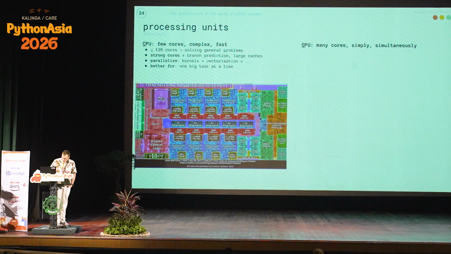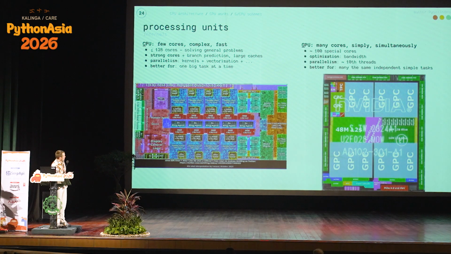And the GPU has a different architecture. It has a lot of simple cores, focused on simultaneous execution of simple tasks, with high-speed broadcasting of data from memory to execution units.